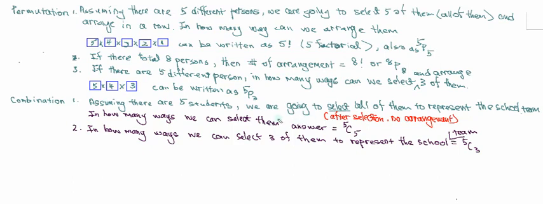Okay. Now, let's say, look at this question. After selecting 3 of them, we're going to assign them to, let's say, the captain, the assistant captain, and the goalkeeper. Okay.